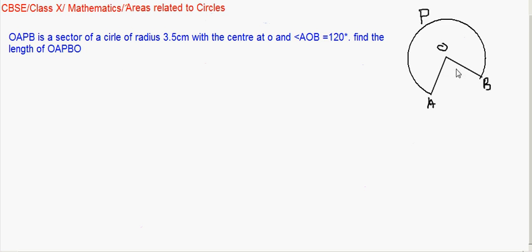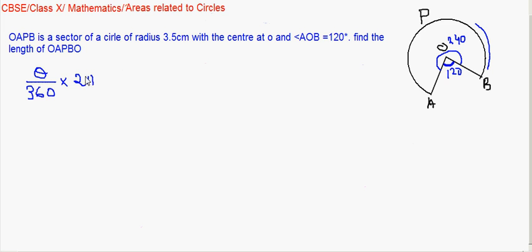Now this is given to be 120, so the rest of this part is obviously 240. Let us first find the length of the circumference which is given. The radius is given to be 3.5. Now it is theta by 360 into 2 pi r.